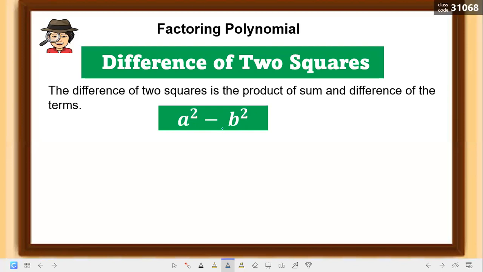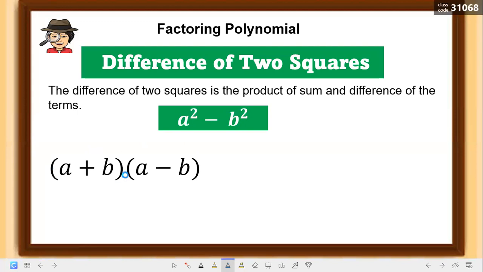Okay, very good. Perfect answer, no? Na-recall niya. So, yan po yung tinatawag natin factored form ng difference of two squares. Pag ginamitan po ng FOIL method ito, or lattice method, or distributive property, ito yung makukuha mong product. But this time, given yung product, hahanapin natin yung factored form.